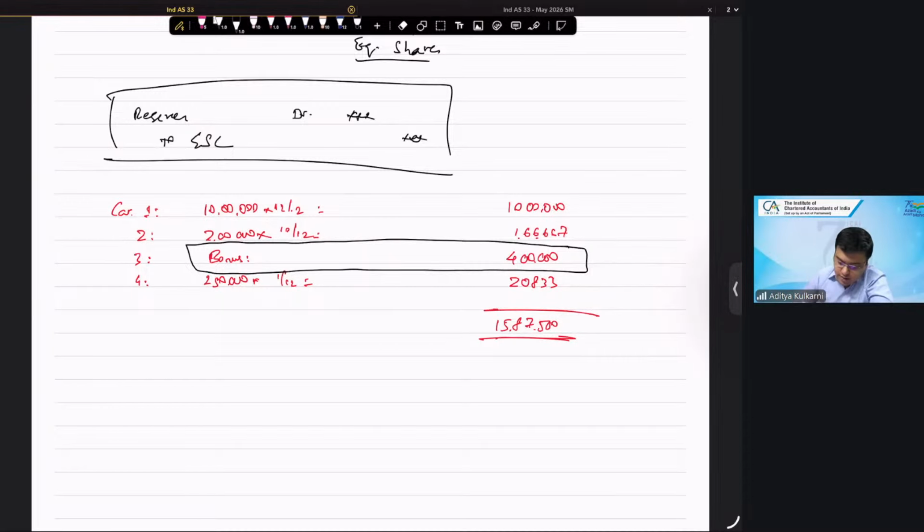Problem is, this 10 lakh share is there for the entire year. Correct? So the bonus relating to this 10 lakh share should be there for the entire year. Correct? Yes, sir. These 2 lakh shares, are they in existence for the entire period? Answer is no. So the bonus in respect of these 2 lakh shares, how can we take it as present for the entire year? Yes or no?